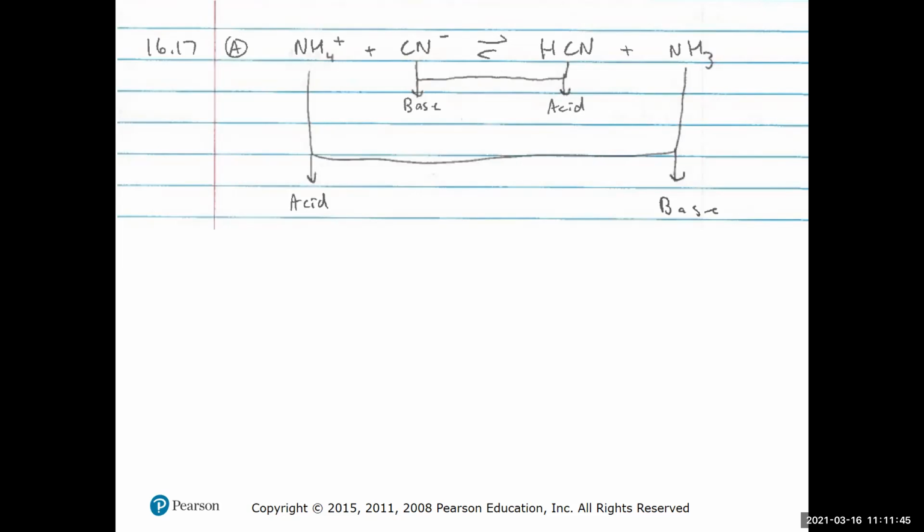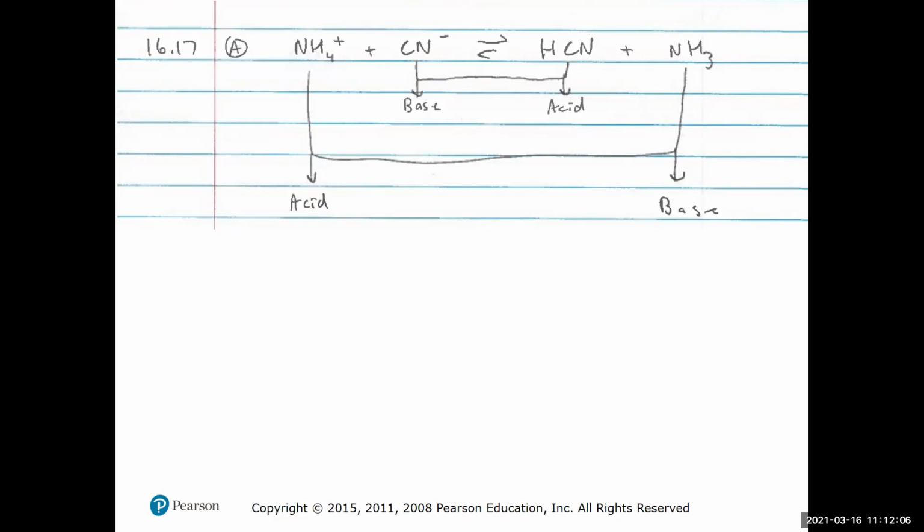So Bronsted acids have to be able to donate a proton, and Bronsted bases have to be able to accept a proton. So for it to be an acid, it's got to have a hydrogen that is donatable. And if it's a base, it's got to be able to accept that hydrogen.